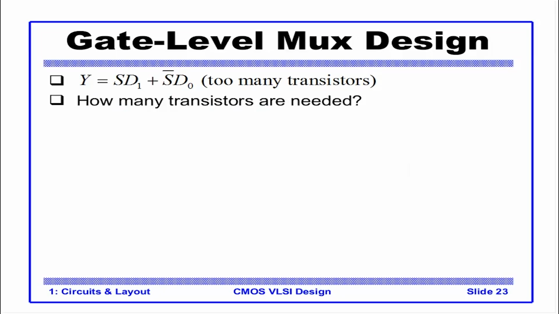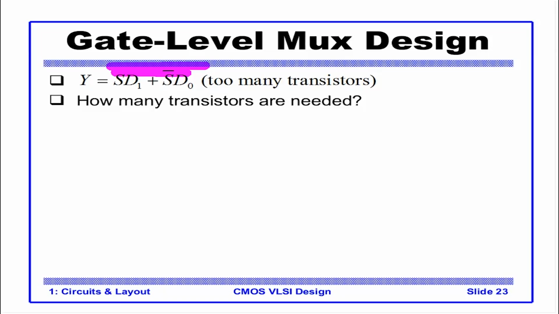Now as we notice that any function should be in the form of a complement, so we could say that Y is equal to, we could add a couple of complements here, 2 complements, and we could construct a pull down network out of it. So let's first see how we could construct the static CMOS circuit.